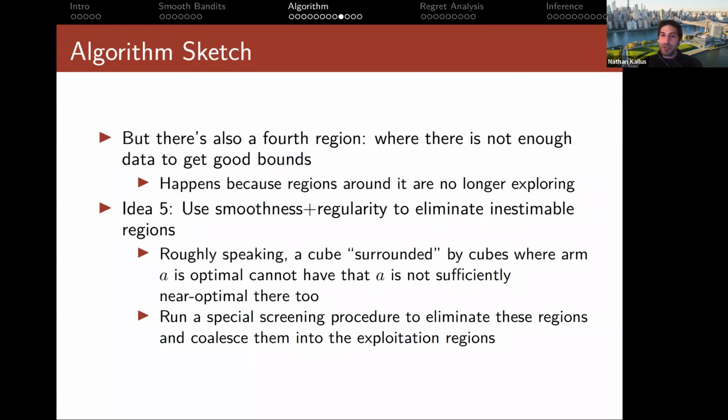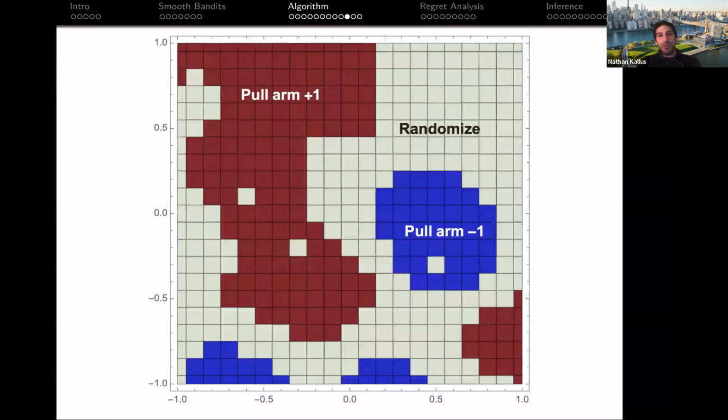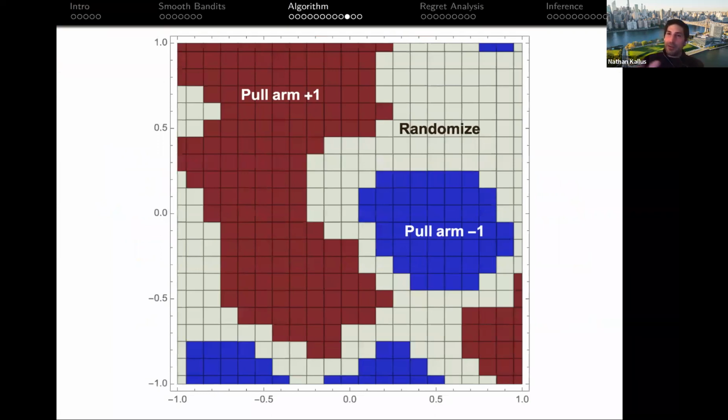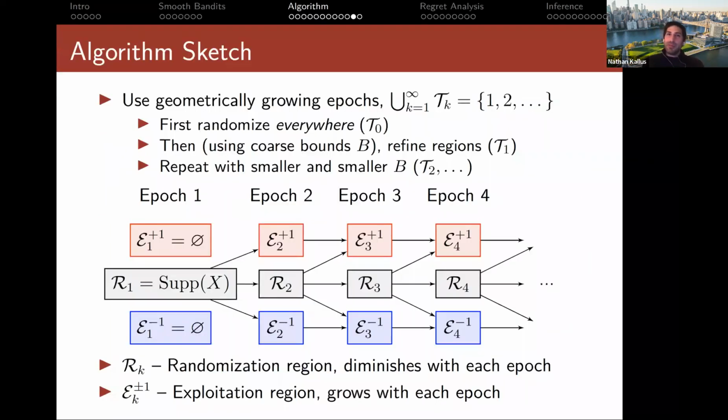So we can run a special screening procedure looking for these cubes that are surrounded by red and just infer, okay, this cube should also be red. So we're going to take this plan of attack and then we're going to refine it. We're going to iron out these isolated islands and coalesce them into exploitation regions that surround them. And that's it. That's going to be the algorithm.